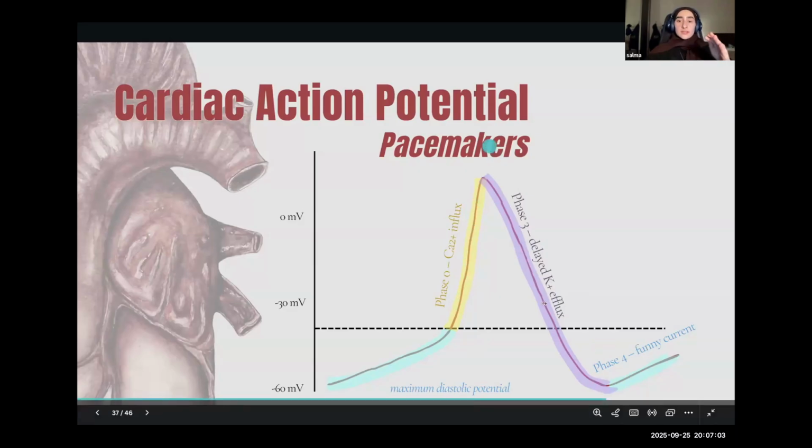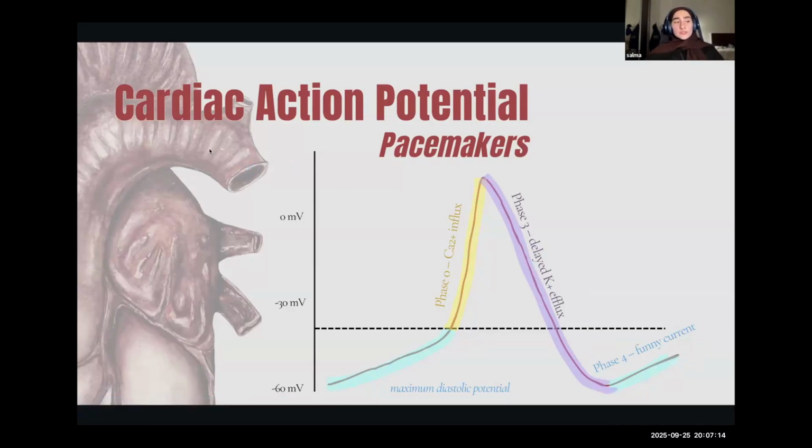This phase is predominated by the delayed potassium rectifier. This phase is predominated by the funny current. That's all you need to know. The details of when exactly each channel opens and closes, you don't need to go into. I tried to go into it, but it got a bit confusing, so just focus on the predominant channel. Okay?